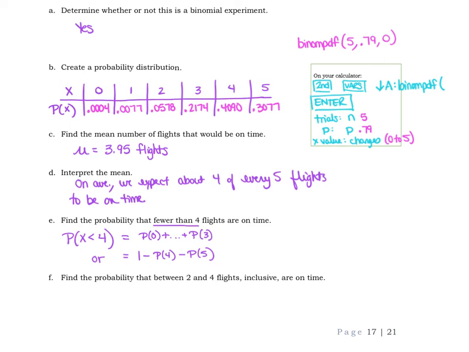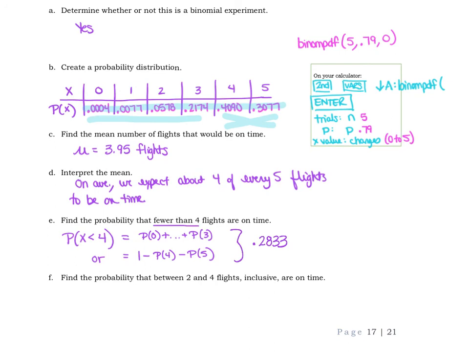Because remember, the values in this table right here have to add up to 1. So you can either add up the 4 values that you want, 0 through 3, or you can subtract out the 2 values you don't want. Take your pick. It's just a matter of preference. Either way you go, you will end up with 0.2833.